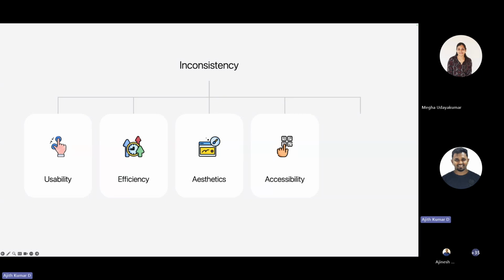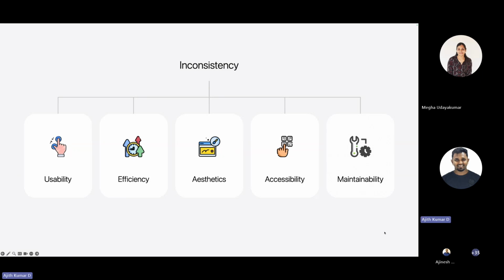Inconsistencies in labeling, navigation, or functionality can create barriers for users with disabilities, blocking their ability to access and interact with digital content. If our designs are inconsistent, they will definitely struggle.